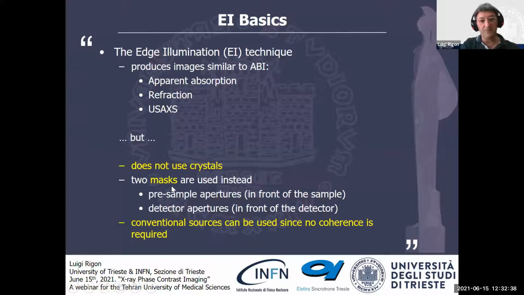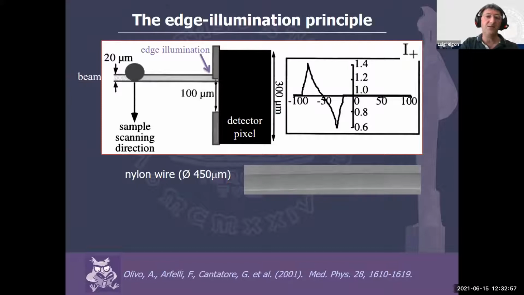And the idea is to use two masks instead. And this difference makes this technique applicable also at conventional sources, because no coherence is required. This was the very principle of this technique that was developed also in Trieste by Alessandro Olivo and us.